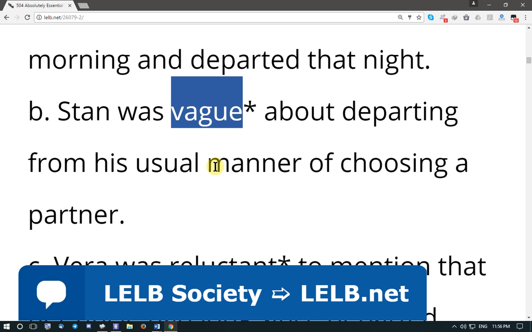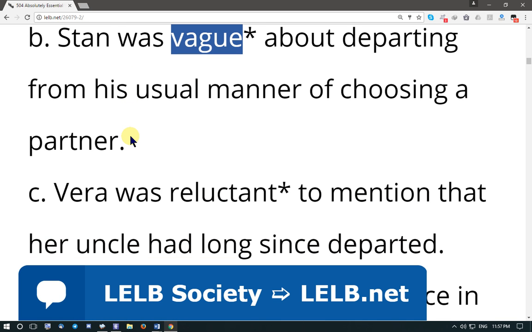And what habits? About choosing a partner. We are not sure what kind of a partner the writer means, but as far as the meaning here is concerned in an objective way, actually, he is not clear about the possibility of reconsidering his habits of choosing a partner, job partner, life partner, we are not sure.